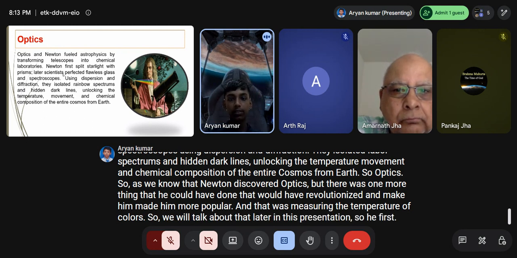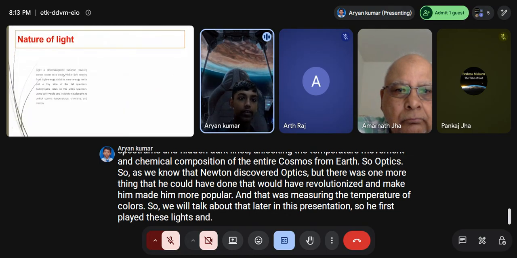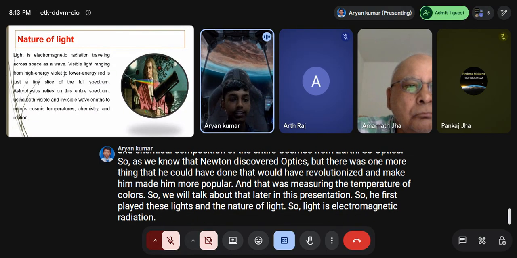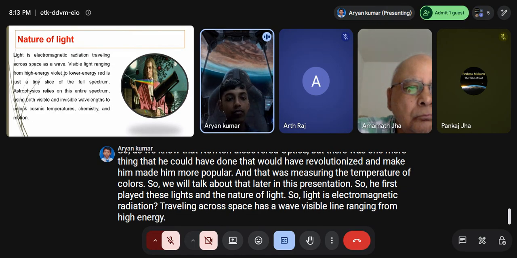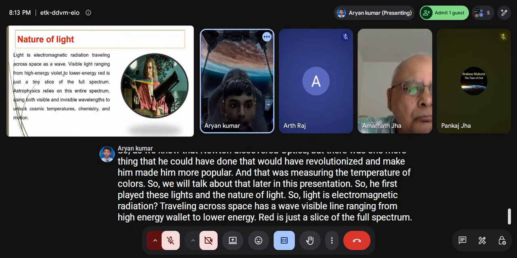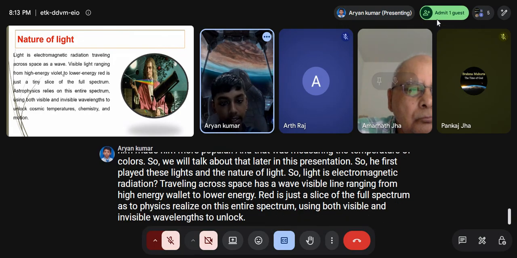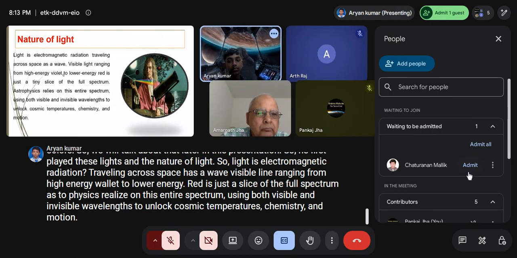So he first spread these lights, and the nature of light. Light is electromagnetic radiation traveling across space as a wave. Visible light, ranging from high energy violet to lower energy red, is just a slice of the full spectrum. Astrophysics relies on this entire spectrum, using both visible and invisible wavelengths to unlock cosmic temperatures, chemistry, and motion.